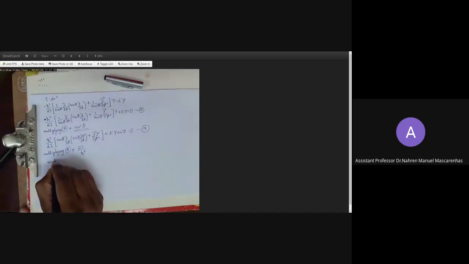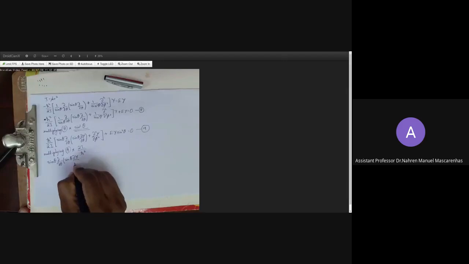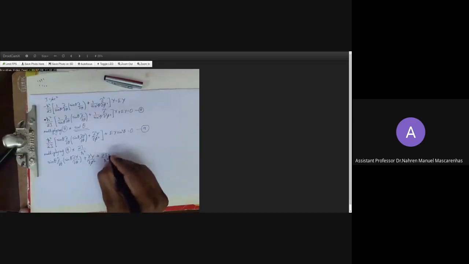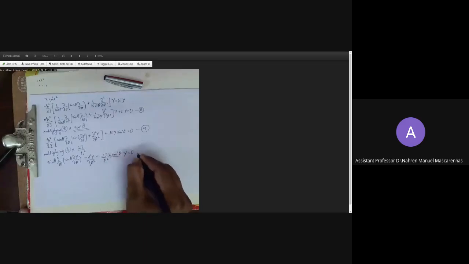It will be sin theta dou by dou theta sin theta dou y by dou theta plus dou square y by dou psi square plus 2i by h cross square e sin square theta into y equal to 0.